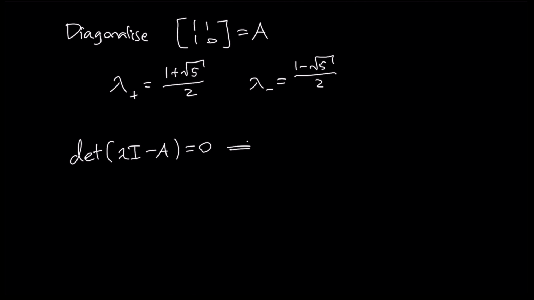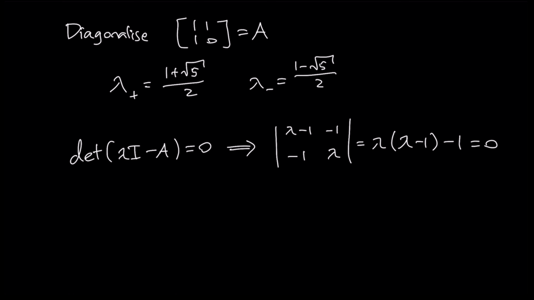So that gives us the determinant of lambda minus 1, minus 1, minus 1, lambda, which is lambda times lambda minus 1, minus 1, and that's equal to 0.